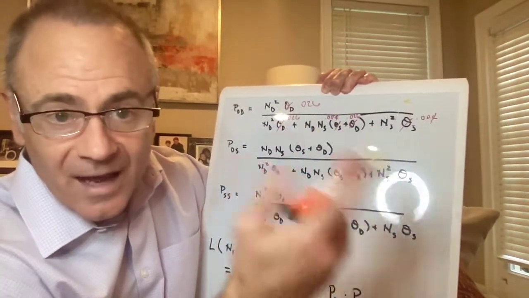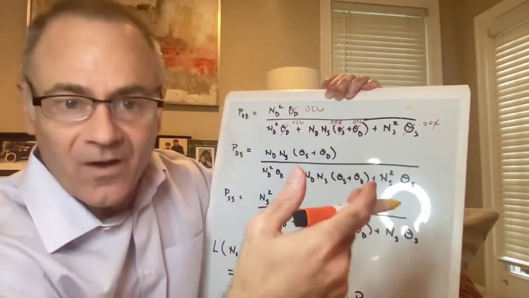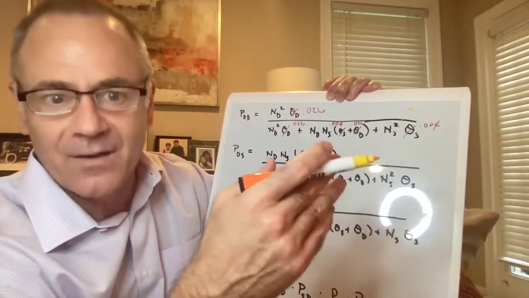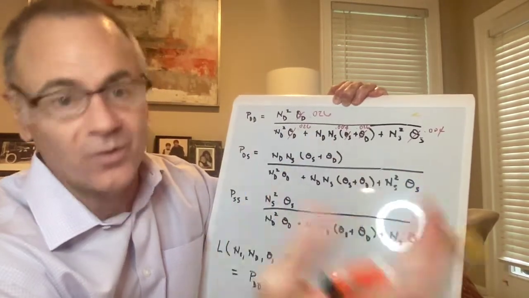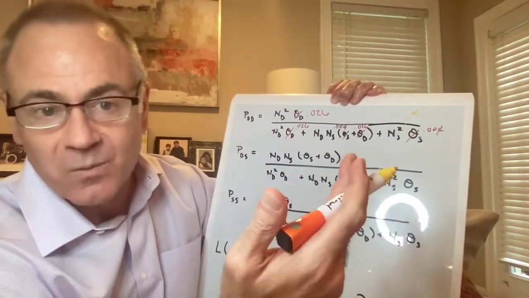Okay. All I'm going to do now is put in the new values, the theta hat values, and all those equal the old values times 0.7.